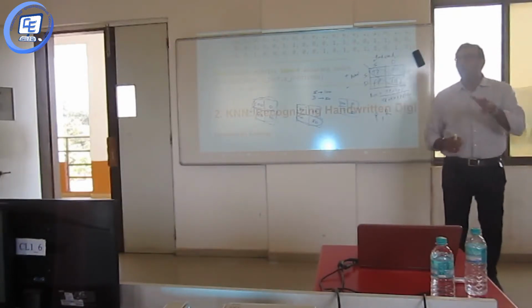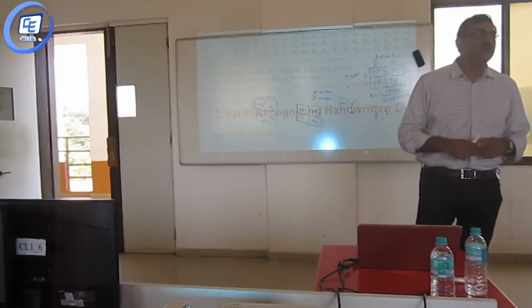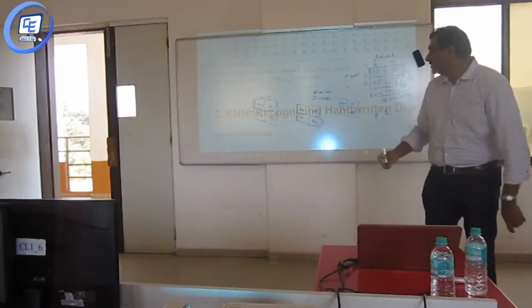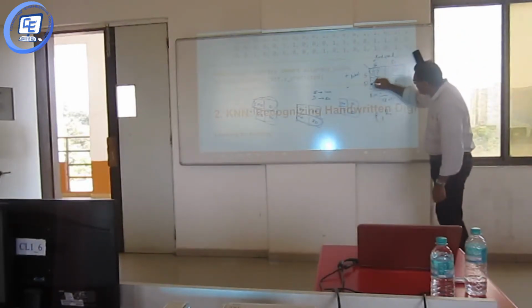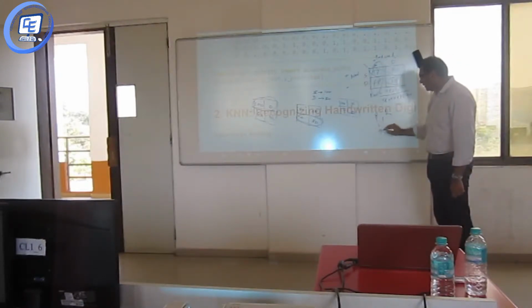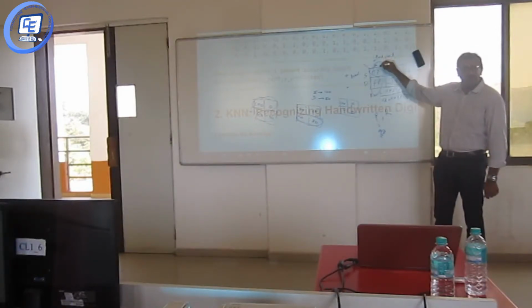Precision means how precise is my classifier. Recall means out of all positive examples, how much the classifier is able to recall. So basically precision is TP upon TP plus FP. Out of all predicted positives, how many are actually correct?